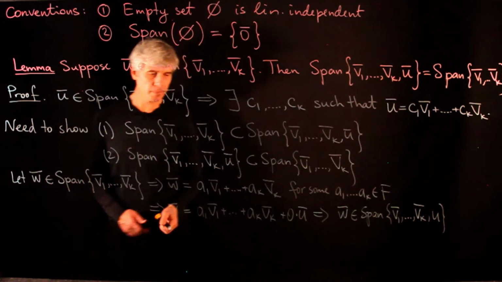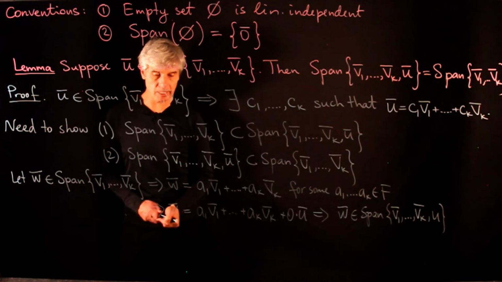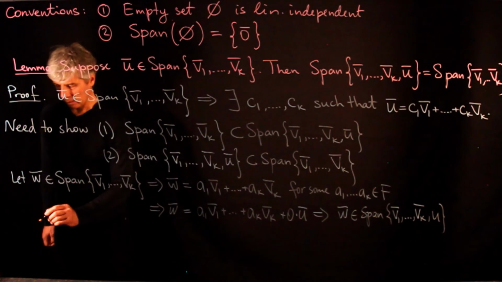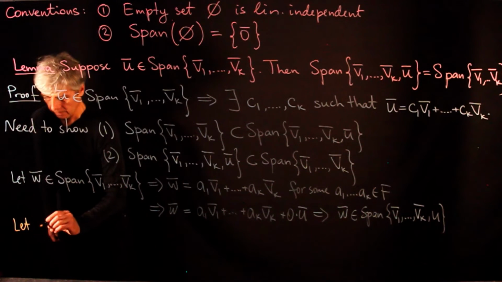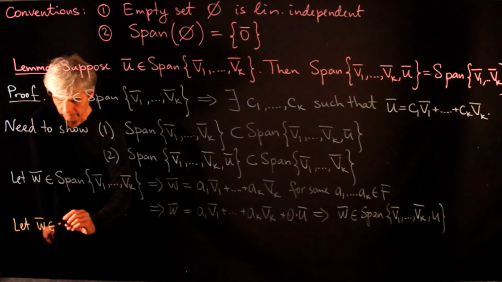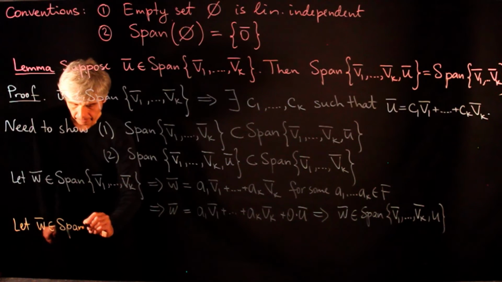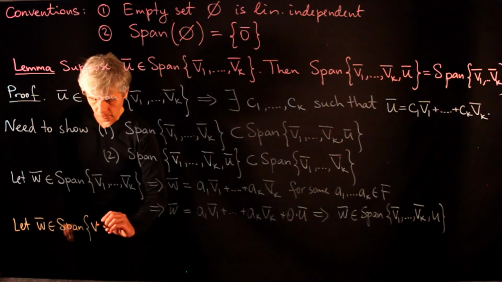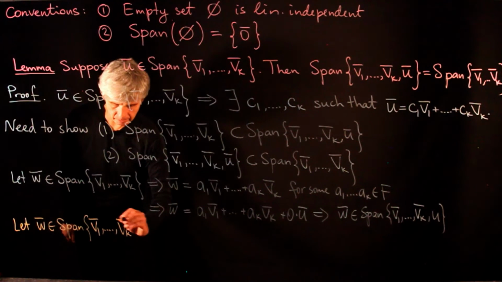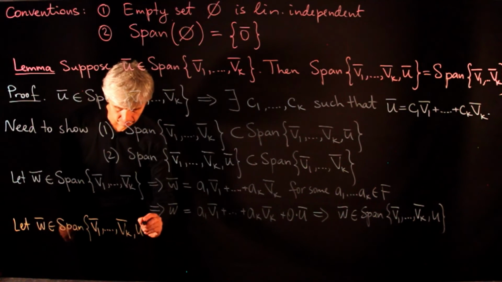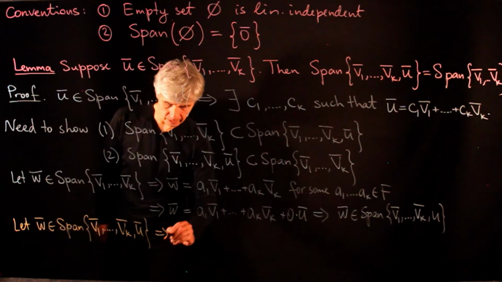Now, the more interesting part is the second part, right? Here we suppose w belongs to the span of v1 through vk together with u. So what does it mean?